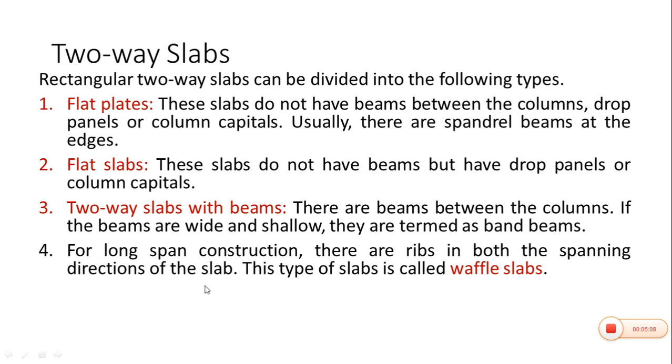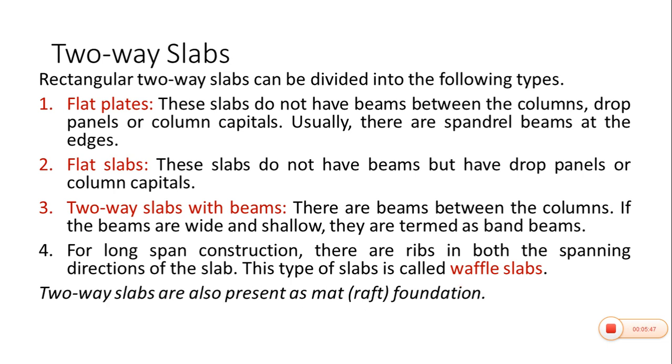Now for long span construction there are ribs in both spanning directions of the slab. For the larger span, we are not going to provide any beams. In that case, in both orthogonal directions we have rib-like structures, and that type of slab which has ribs in both orthogonal directions is called a waffle slab, and those ribs we term waffles.